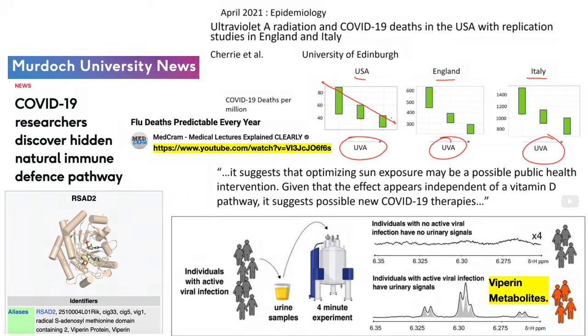This paper, Ultraviolet A Radiation and COVID-19 Deaths in the United States, with replication studies in England and Italy. These researchers found that there was a strong correlation between the amount of sunlight, measured as the amount of UVA radiation.